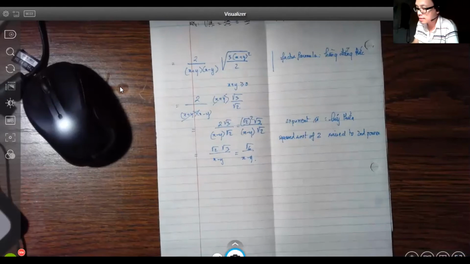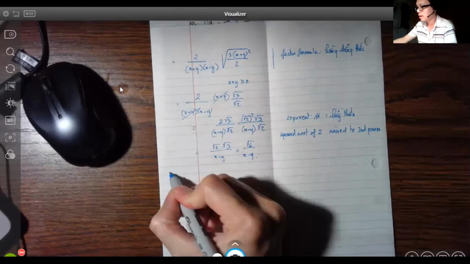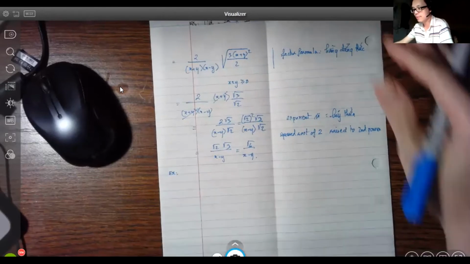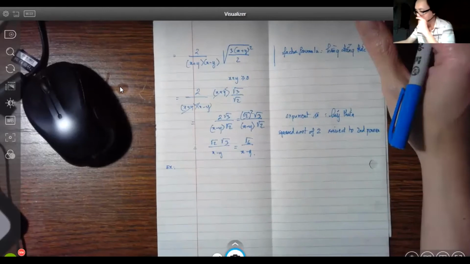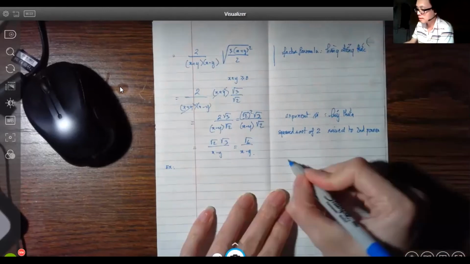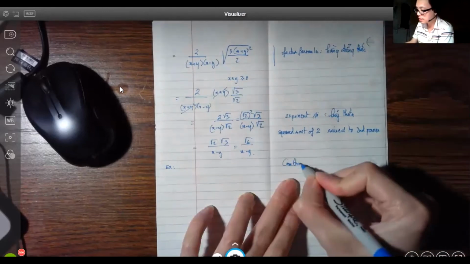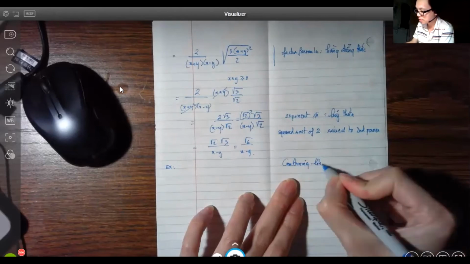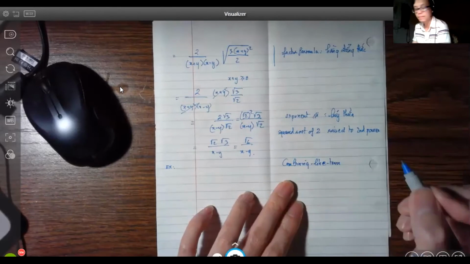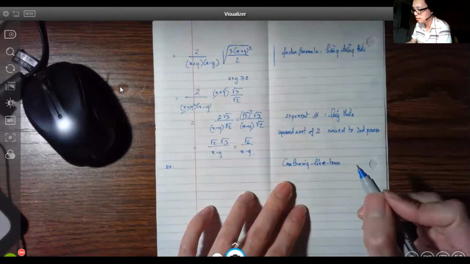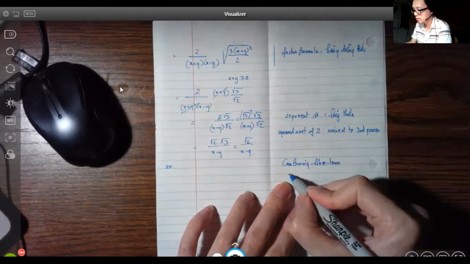In the second example here, I want to show you how to combine radicals together. Remember, you learned how to combine like terms. Combining like terms là cái gì, hiểu không? Combining like terms là kết hợp những cái hạng tử giống nhau đó.